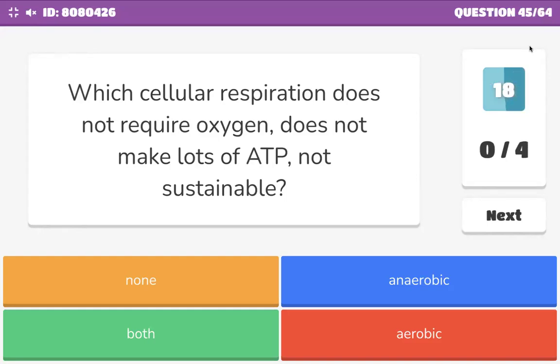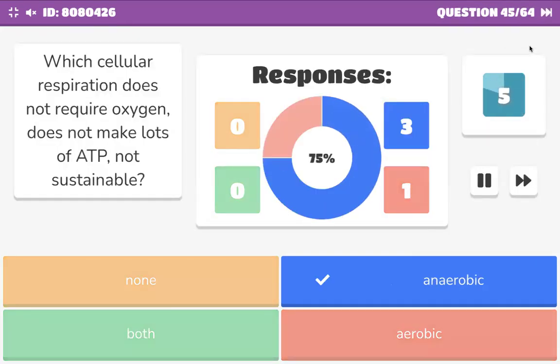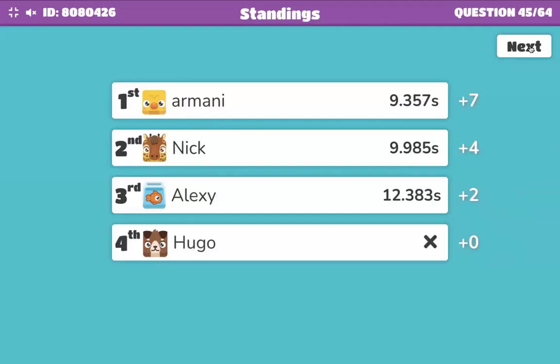Which cellular respiration does not require oxygen, does not make a lot of ATP, and is not sustainable? Anaerobic. Anaerobic means without oxygen, while aerobic means with oxygen.